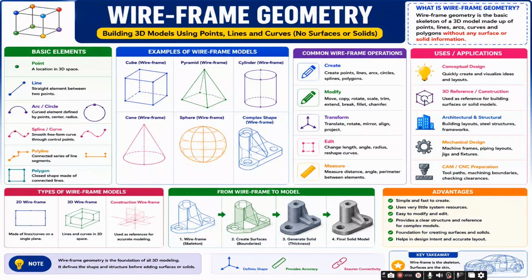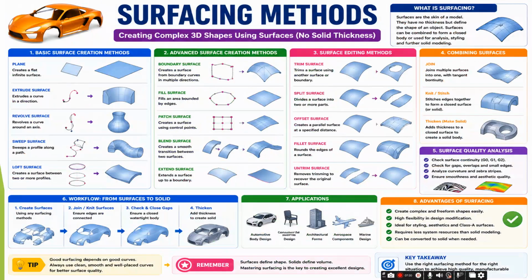Uses and applications: conceptual design, 3D reference construction, architectural structure, mechanical design, CAM and CNC operations. Advantages: simple and fast to create, uses very few system resources, easy to modify and edit, provides clear structure and reference for complex models, foundation for creating surfaces and solids, helps in design intent and accurate layout.